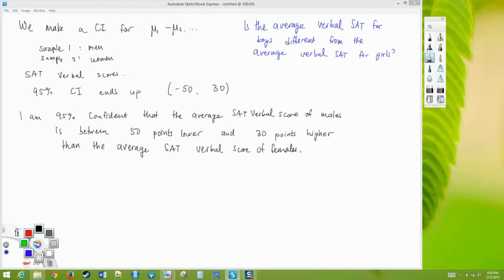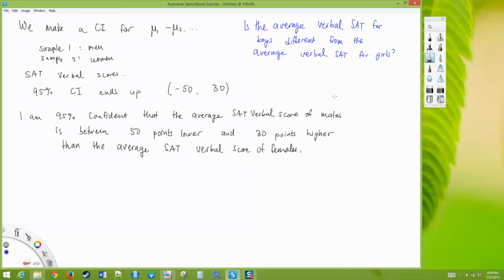Okay, so we might be tempted to say, is the average verbal SAT for boys different from the average verbal SAT for girls? We might be tempted to say no, okay? But we shouldn't say no. In this case, 0 is within the confidence interval, okay? 0 is between -50 and +30.